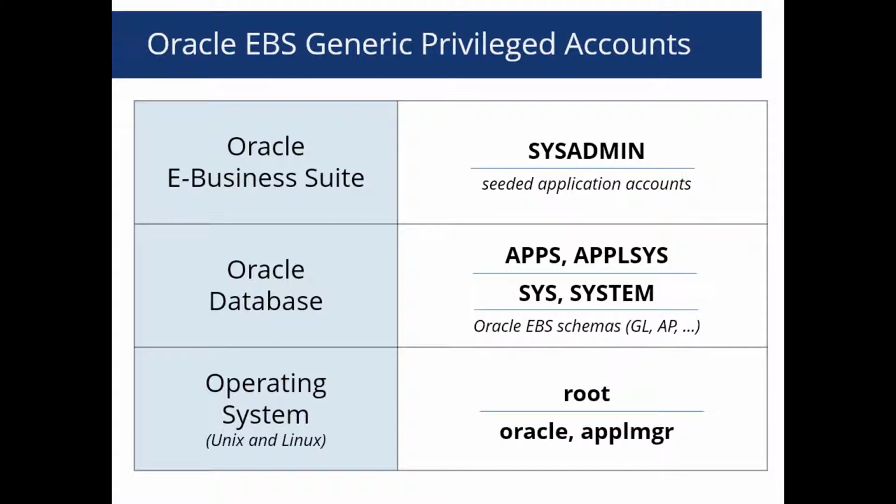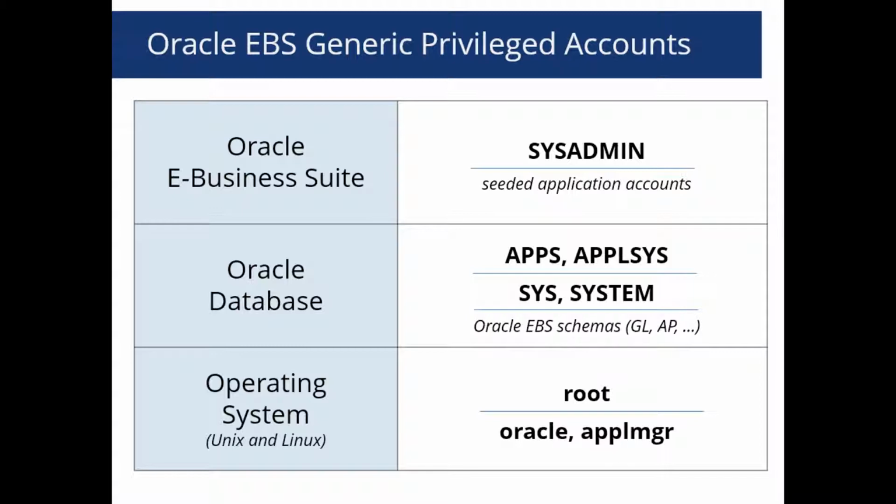Finally, at the Oracle database level, all Oracle E-Business Suite environments include 250 plus other accounts. For each Oracle E-Business Suite module, like General Ledger, there's an account at the database level called GL. For accounts payable, it's AP. For fixed assets, it's FA. These accounts are used to own the data for each module.